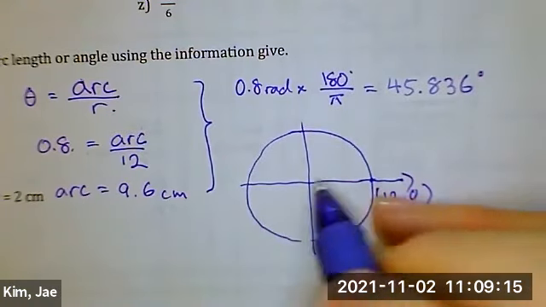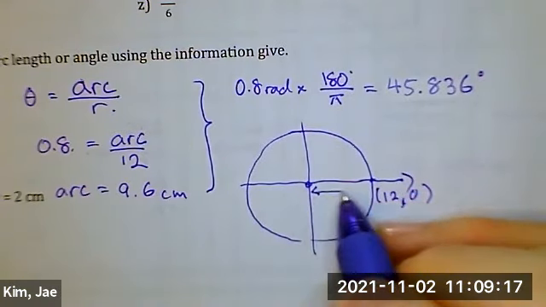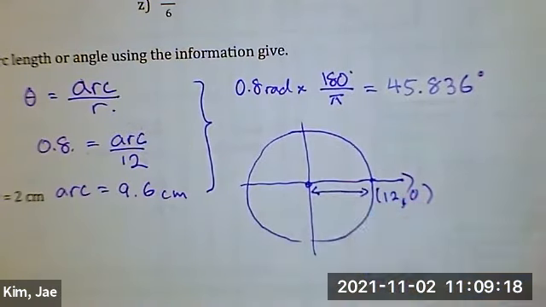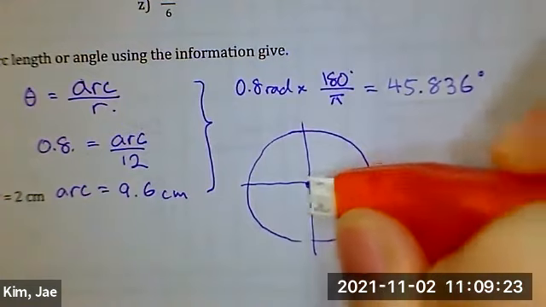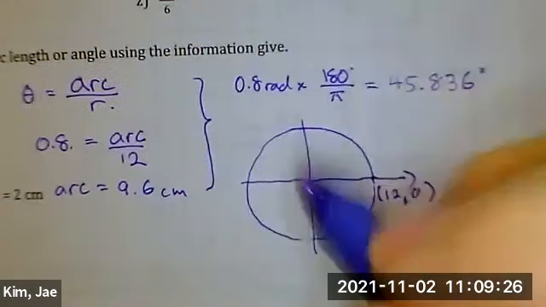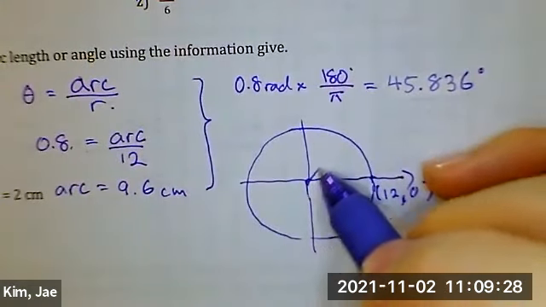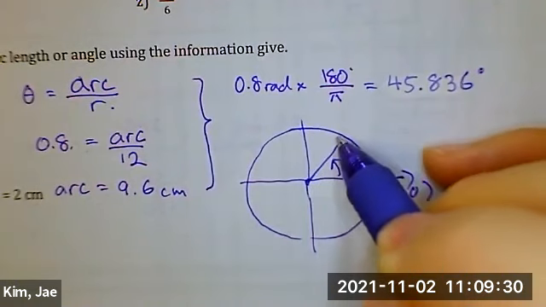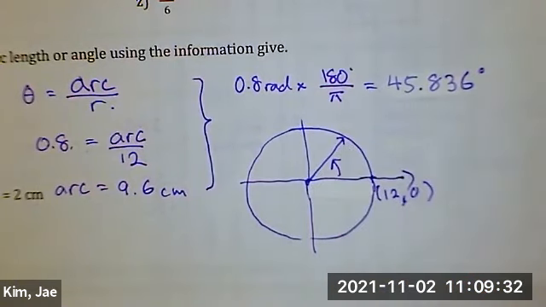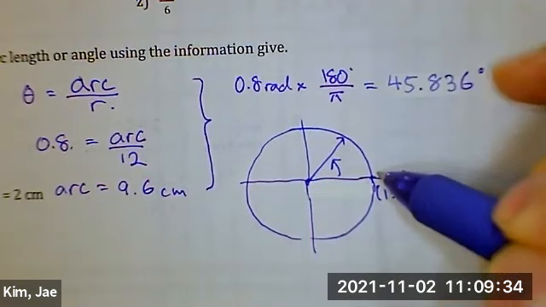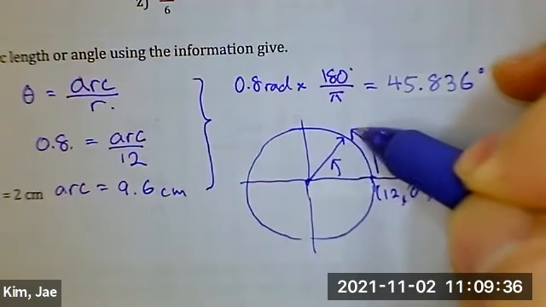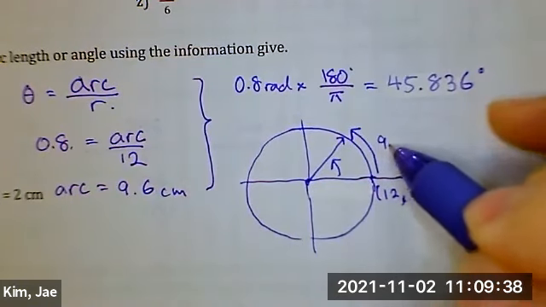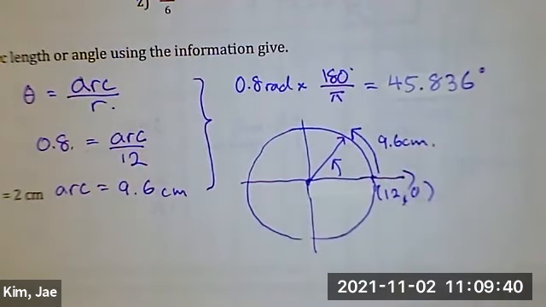So in a circle with a radius of 12, I don't want to confuse you, so I'm going to erase that. If I walked a rotation of 45.8 degrees, the distance I would have walked would have been 9.6 centimeters. That's what it's saying. The arc length.